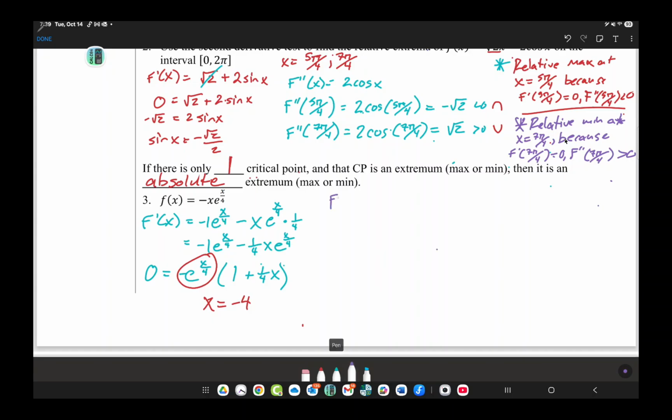So we take the second derivative. So we're going to take the derivative of this part right here. Now, the nice thing about negative e to the x over 4 is that its derivative is going to be negative e to the x over 4 times 1/4. Minus, I'm going to put a minus 1/4 outside, and I'm just going to take the derivative of this again, which we kind of already know what that is, because we just did it right here. It is e to the x over 4 plus 1/4 x e to the x over 4.